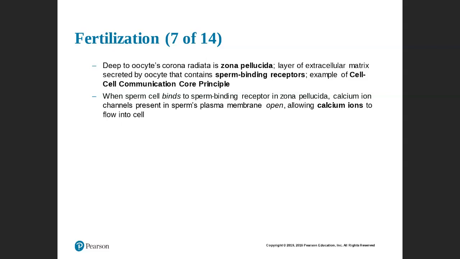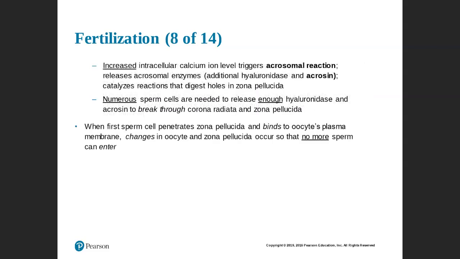When the sperm cell binds to the sperm binding receptor, the calcium channels present in the sperm plasma membrane open up, and that allows calcium ions to flow into the cell. That increased intracellular calcium will then trigger the acrosomal reaction.